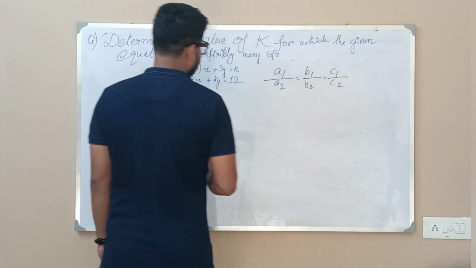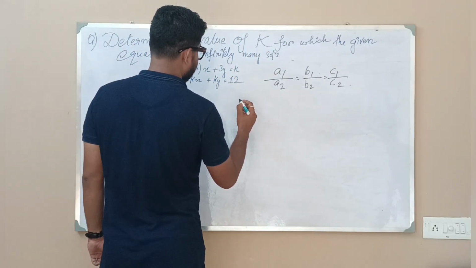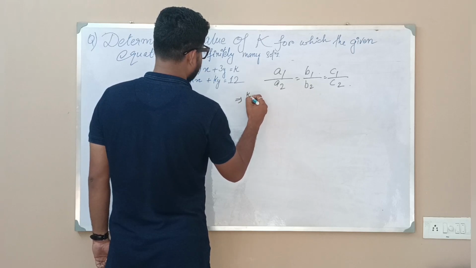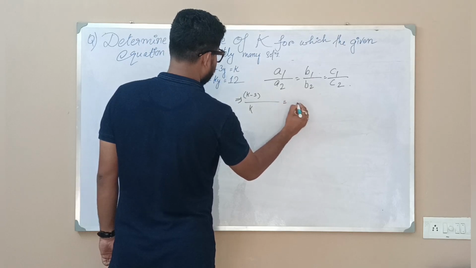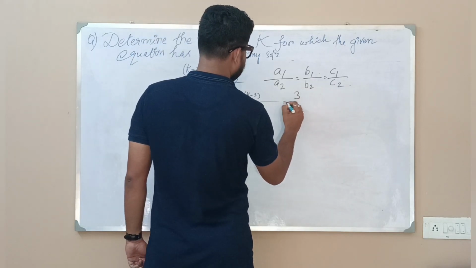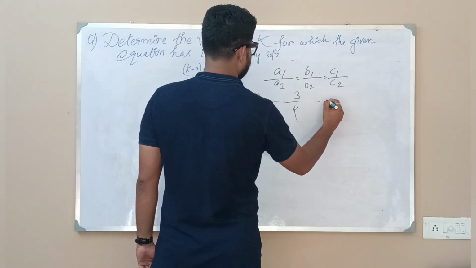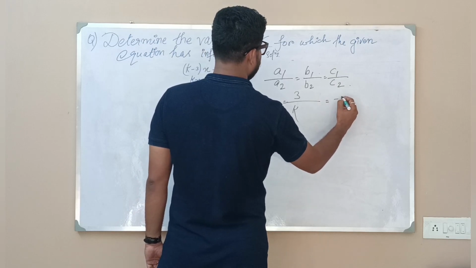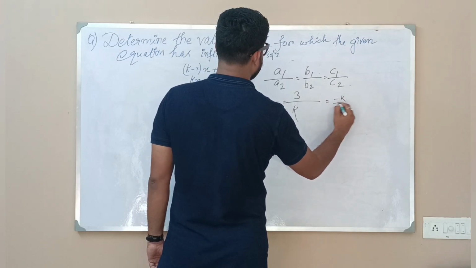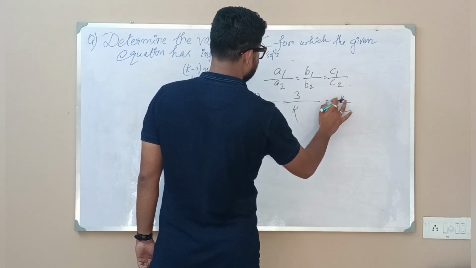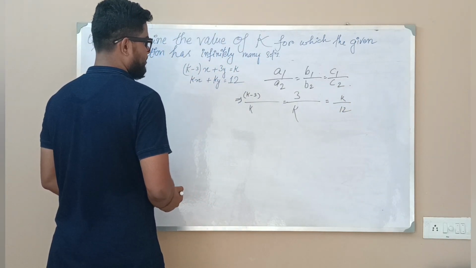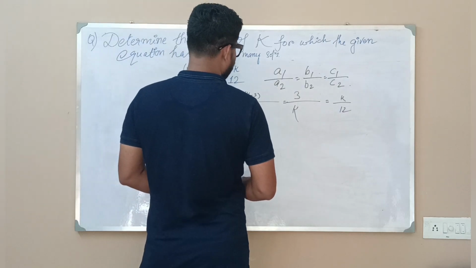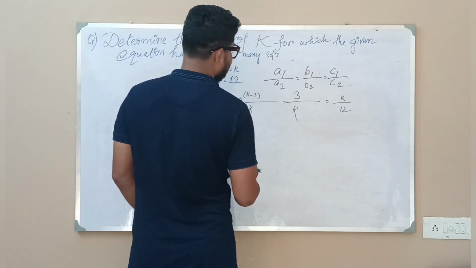Okay, so from here we have to write k minus 3 by k equals 3 by k equals minus k by minus 12. So we'll just adjust, negative will give you positive, so we'll not write that. So for that we have to find the value of k.